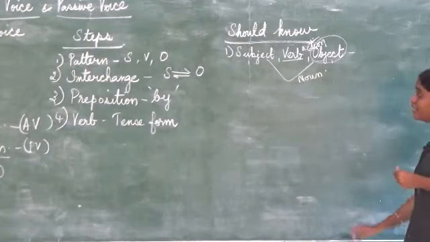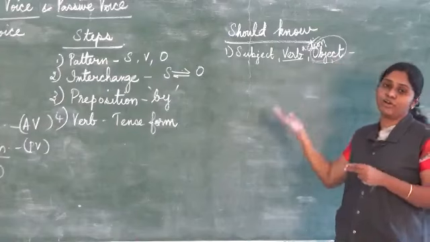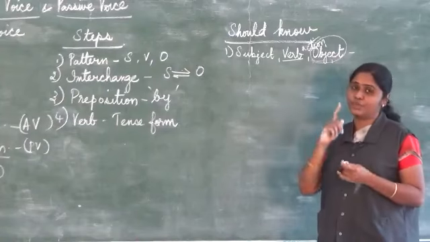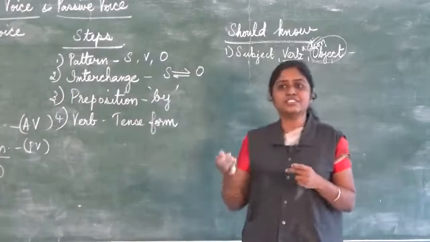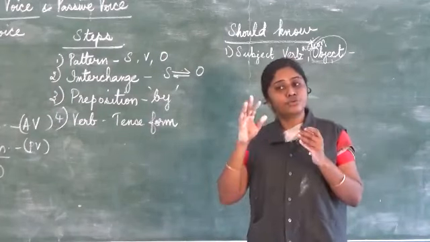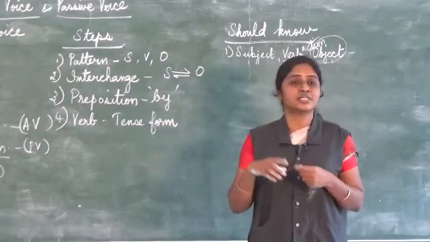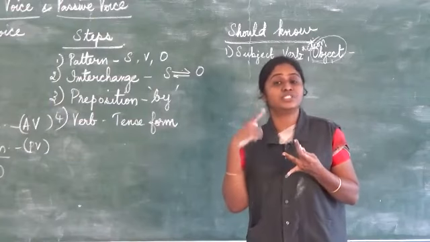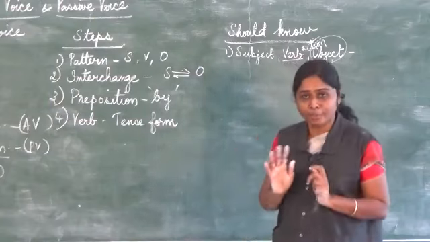Please remember, I am telling you again, if there is no object in the sentence, you cannot change it into passive form. Sometimes there will not be an object in the sentence, but you can substitute some false objects, so in that case you can change it into passive voice. But there are certain sentences which do not have an object and cannot have an object, so those sentences cannot be changed into passive voice.